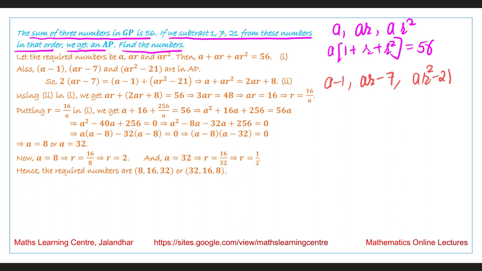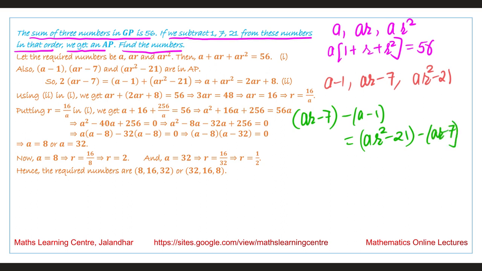So if this is an AP, it means we have AR minus 7 minus A minus 1, that is equal to AR square minus 21 into AR minus 7. Now on solving this, we obtain AR minus 7 minus A plus 1 equal to AR square minus 21 minus AR plus 7.